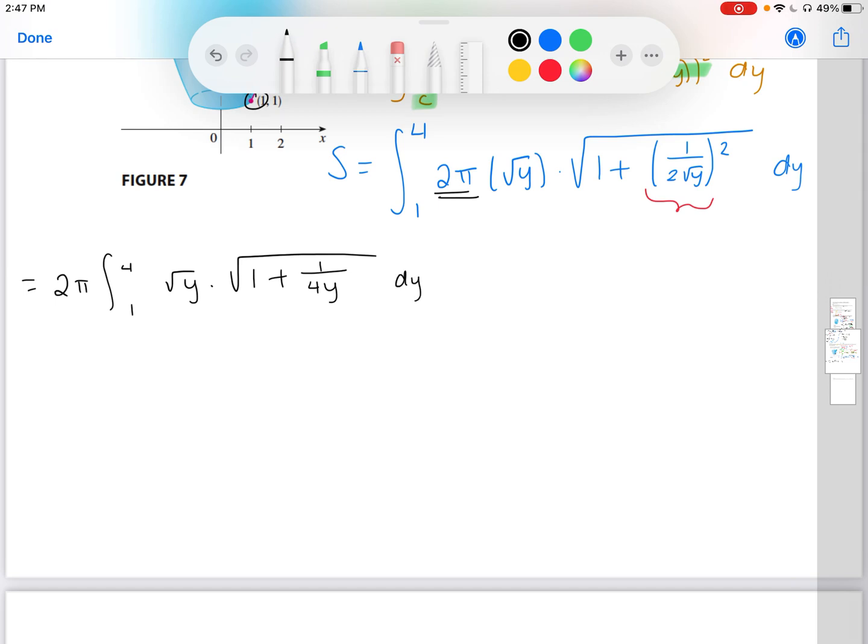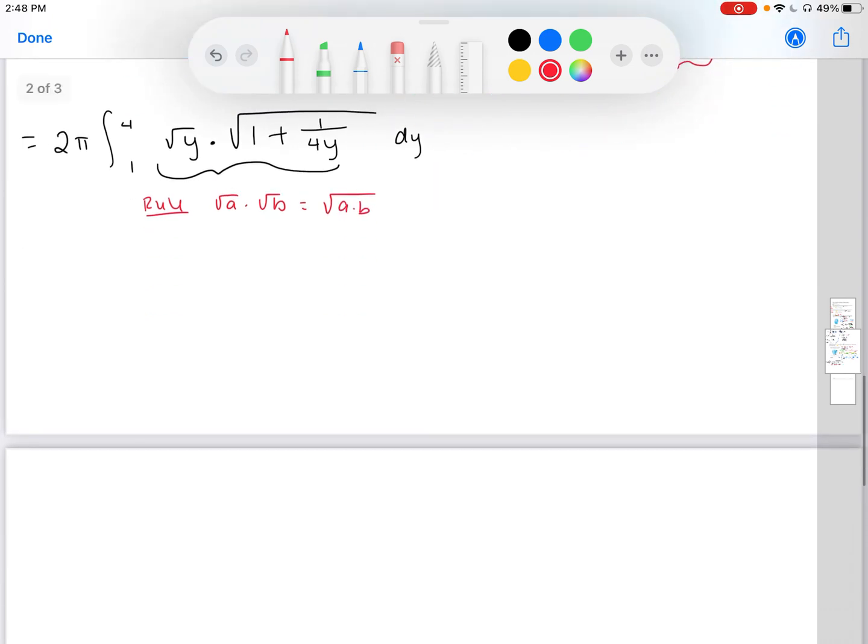Okay, now because they're multiplying and they have the same index, meaning they're both square roots or cube roots and so on, by our rule of radicals we're able to multiply the insides.